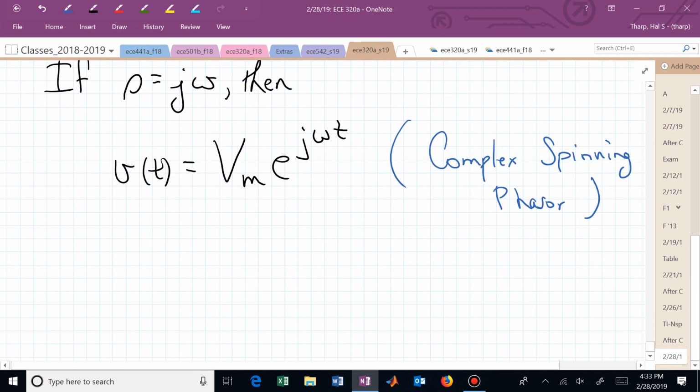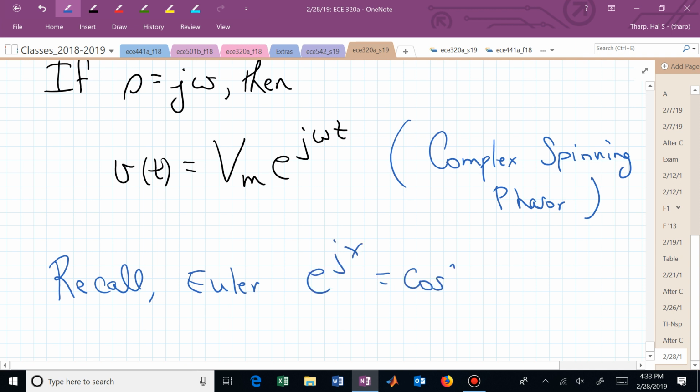But we can make some sense of this by rewriting e to the j omega t using Euler. If we remember Euler, we have e to the jx is cosine of x plus j sine of x.